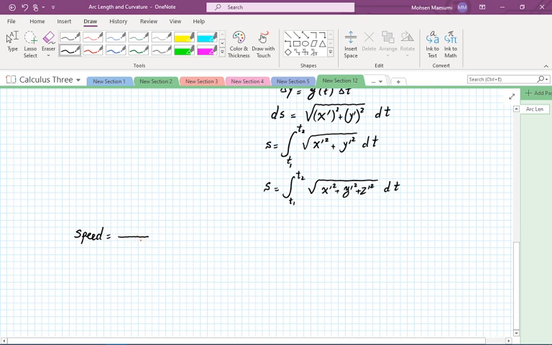The ratio of 2 well-known quantities: distance over time. This is really just that. How so? The square root of the sum of squares of derivatives is just the speed.